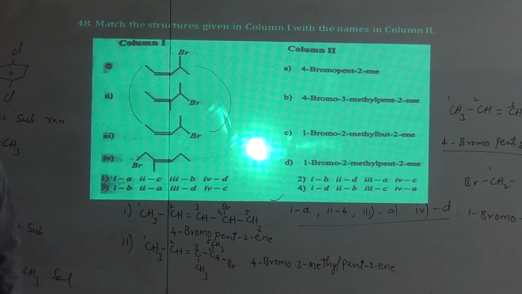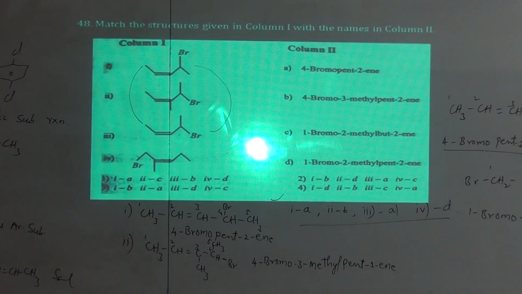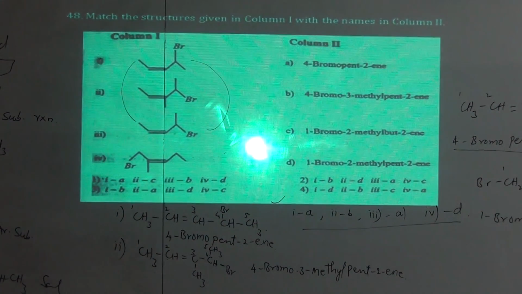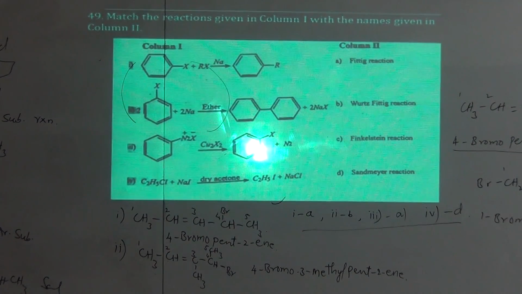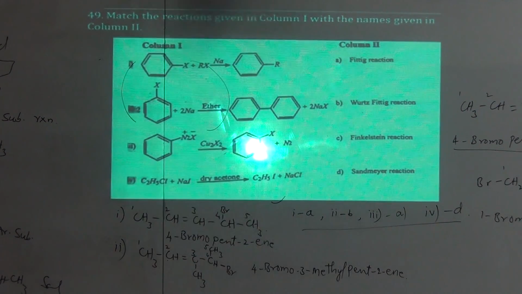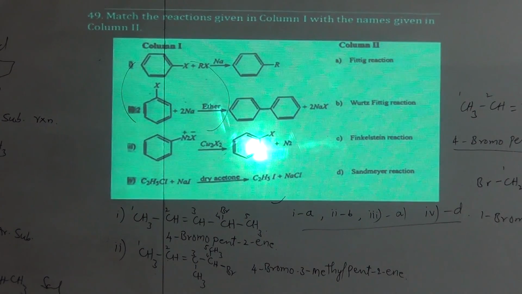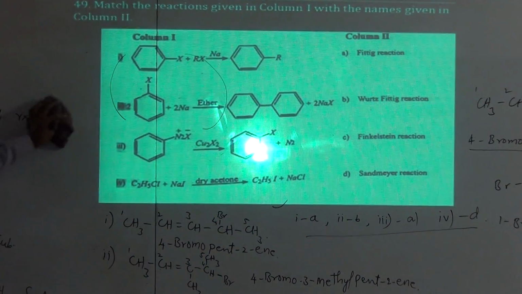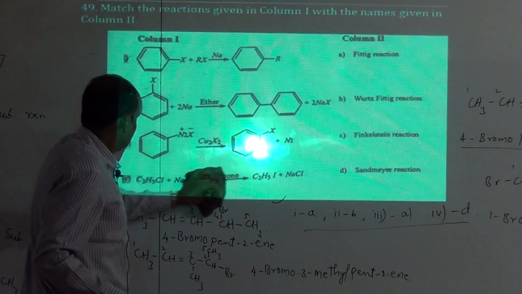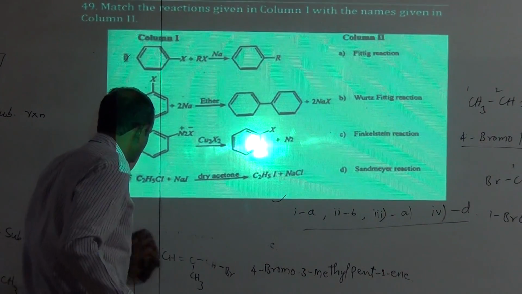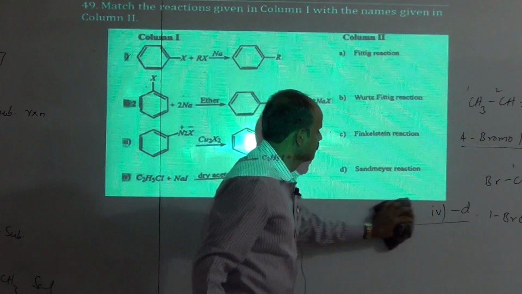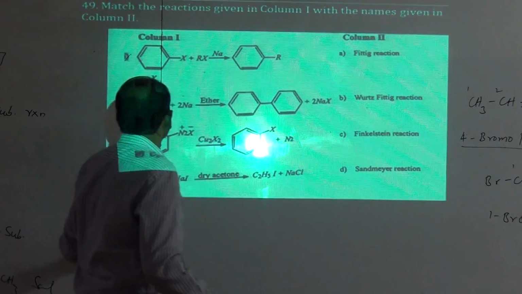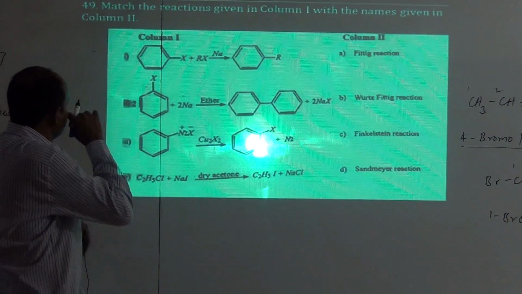Okay, next bit. Match the reactions given in column 1 with the names given in column 2. Here reactions are given, and the names of those reactions. What is the first one?